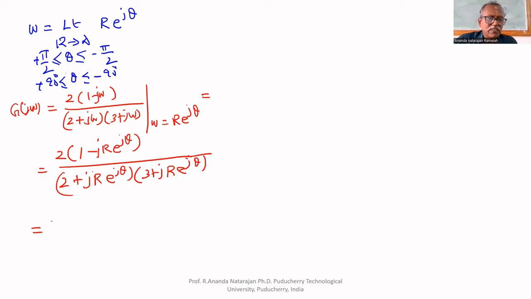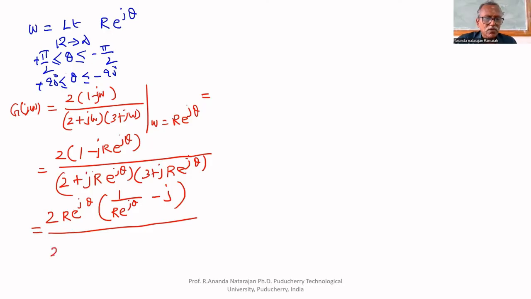If you take R e power j theta outside, what you will get? 2 R e power j theta times 1 by R e power j theta minus j, whole divided by 2 plus, if you take 2 R's, therefore R square, you will get R square e power j 2 theta also, so 2 by R e power j theta plus j, that is j.